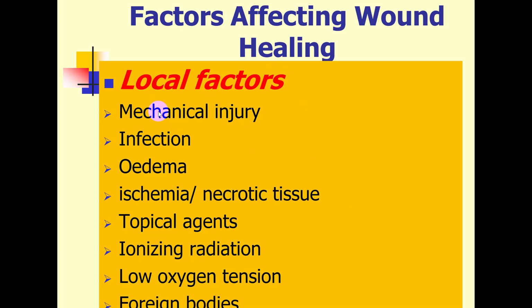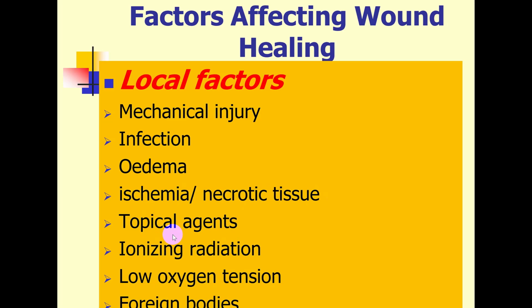Local factors: the mechanism of injury. We must understand whether it was a sharp object or a blunt object, and whether infection developed at the site of the wound. Then whether there is edema or not, because edema impairs the blood supply and causes ischemia and necrosis of the tissue.